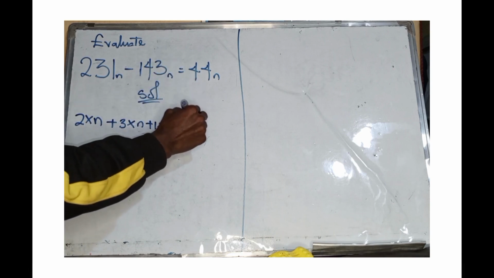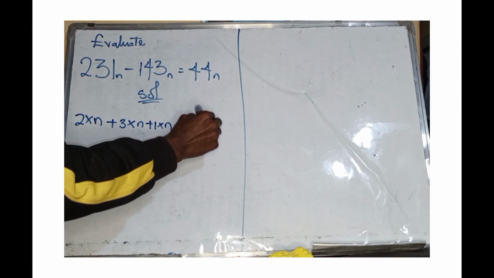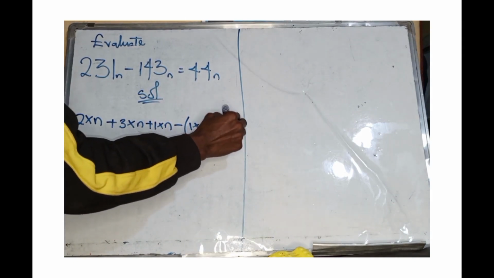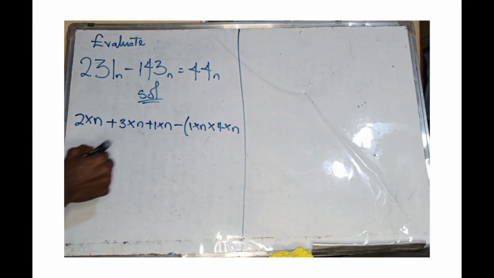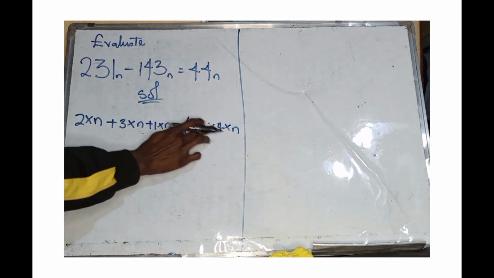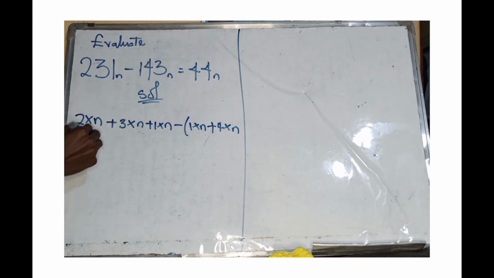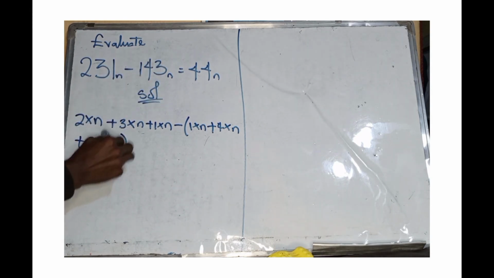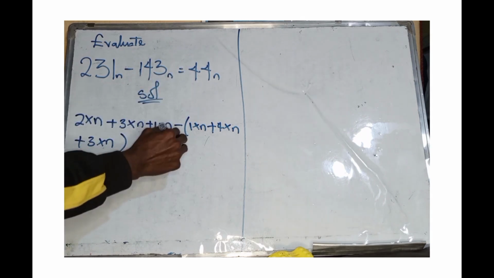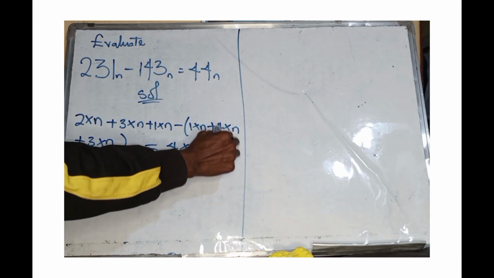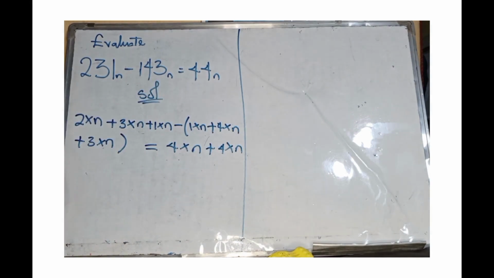This becomes 1 times n, which is the base, times this becomes 4 times n, which is the base. Okay, then, sorry, here should be addition, then plus here becomes 3 times n, which is the base, all equals, this is 44, 4 times n, which is the base, then plus 4 times n, which is the base.